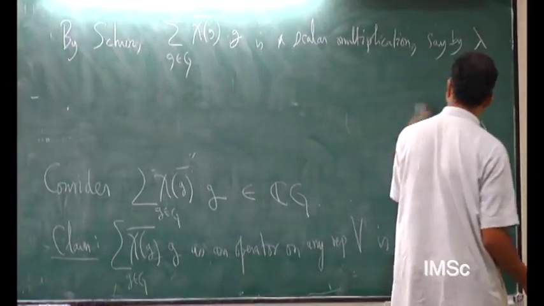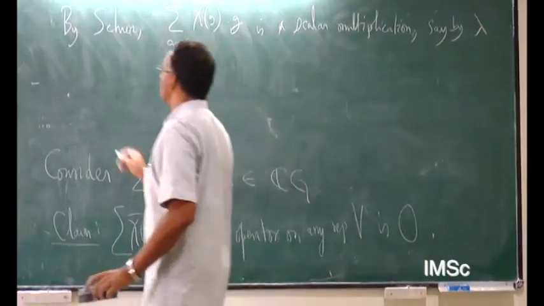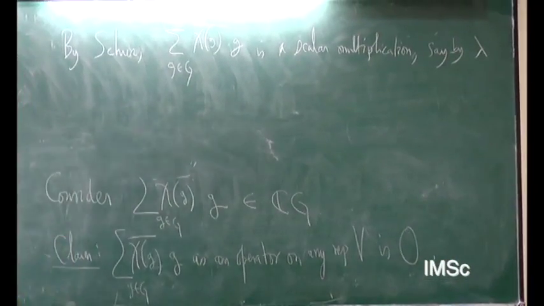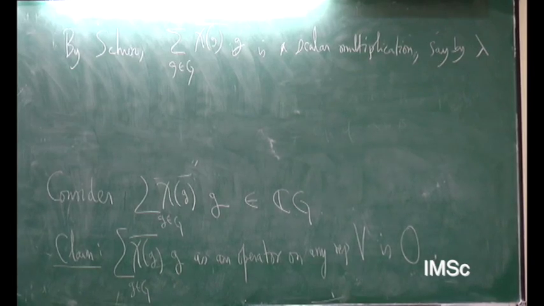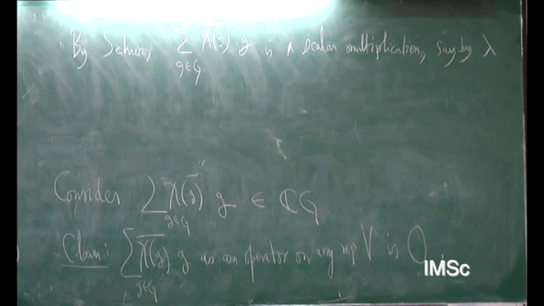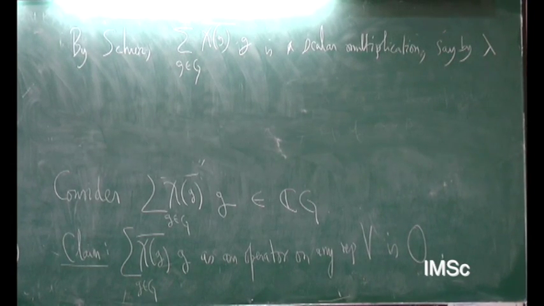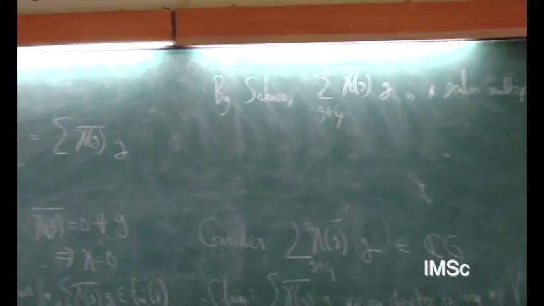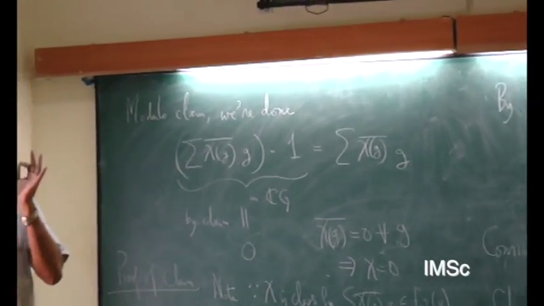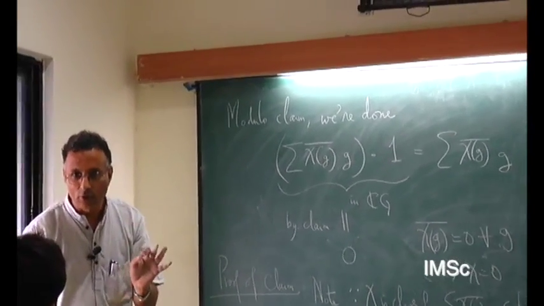So now you have a linear transformation that is multiplication by lambda. You want to show that lambda is 0.